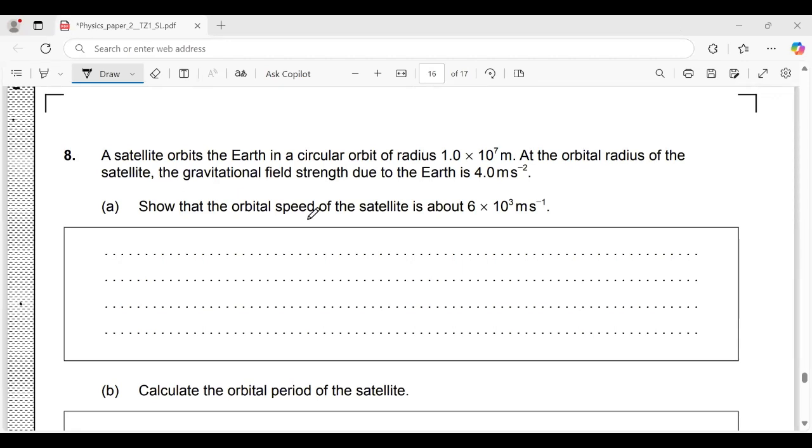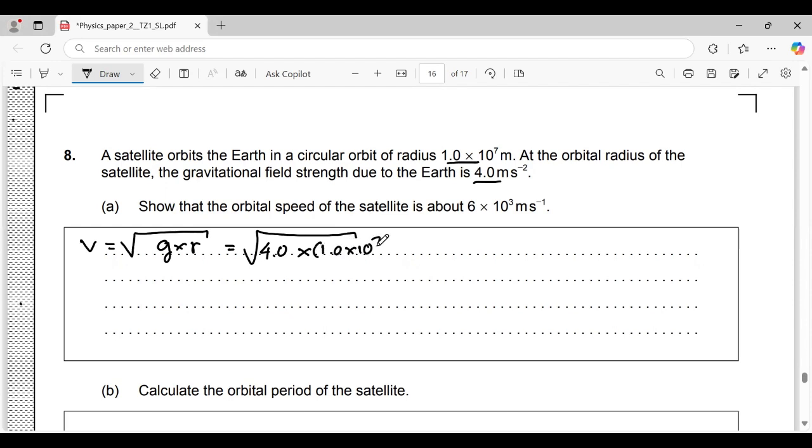I'm going to calculate the orbital speed using the formula v equals the square root of g times r. g is the gravitational field strength, 4.0, and r is the radius, 1.0 times 10 to the power 7.